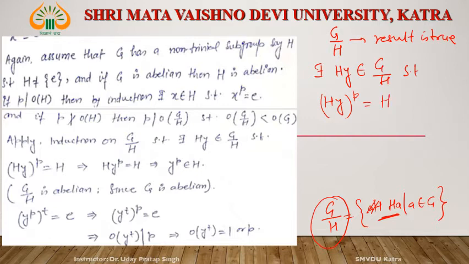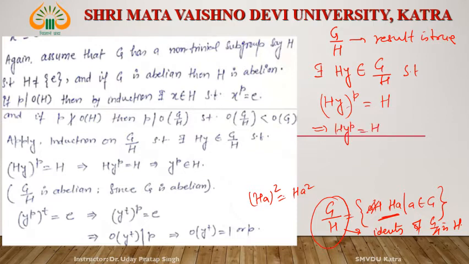Why H? Since the identity of the factor group G/H is H. Therefore (Hy)^p is equal to H, right? But we know that Ha is equal to Ha. What is (Hy)^p?